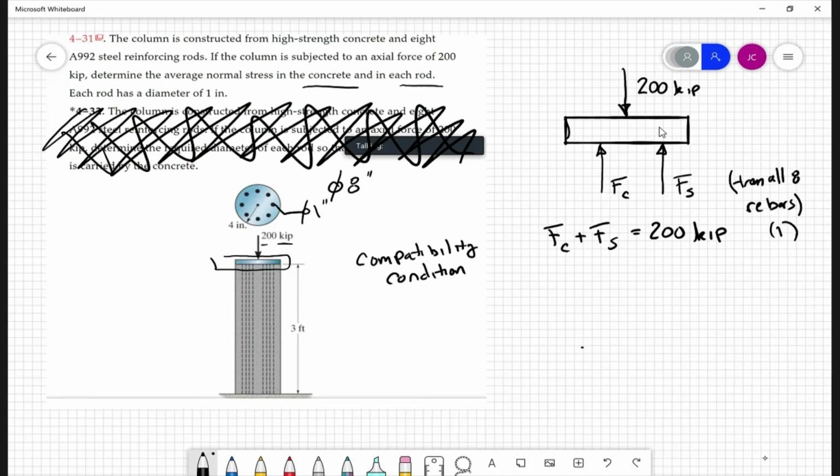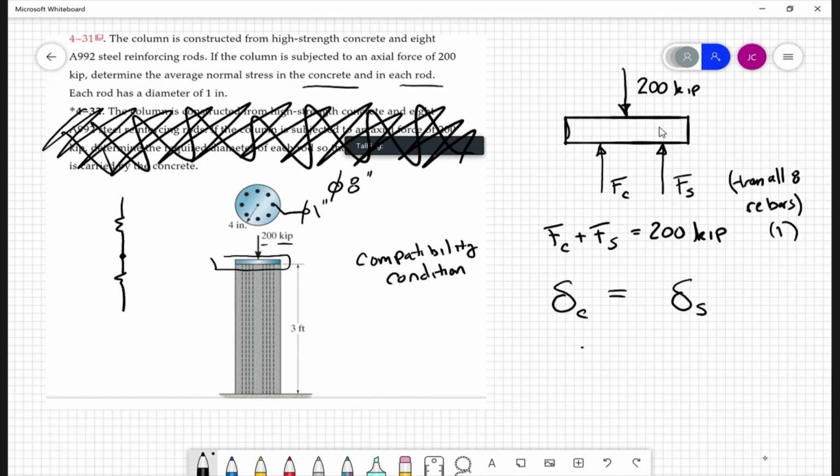Let's think of it this way. I'm going to call delta C the compression of the concrete, and delta S the compression of the steel rods. Is there a relationship between those two? Aren't they equal? Right, they're equal. It's a little different form, because in the other problems the elements were in series.